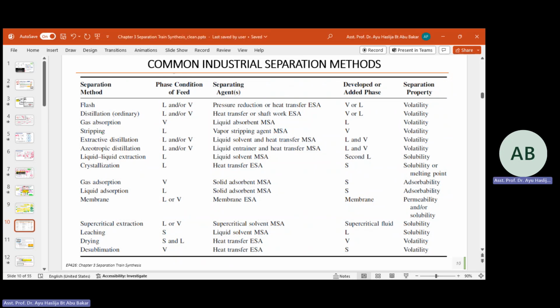There are a lot more separation methods involved in the industry. Crystallization is one of the separation methods as well. It separates what phase? Solid and liquid. The feed is solid and liquid, so the main product here would be the solid.